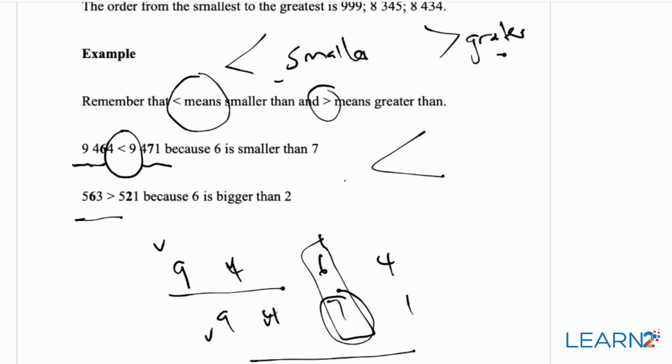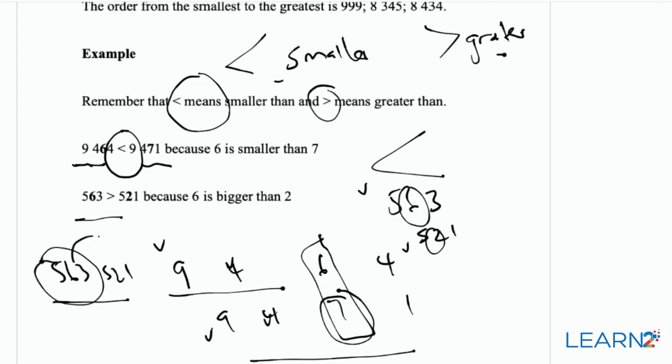What about these numbers? 563 versus 521. Well, the 5s are the same, but when we compare the 6 to the 2, which one is bigger? 563 is a bigger number than 521. How do we say that in mathematics? We say 563 is bigger than or larger than 521.